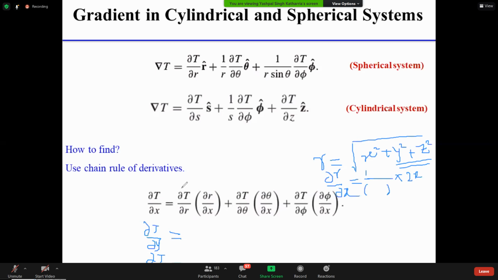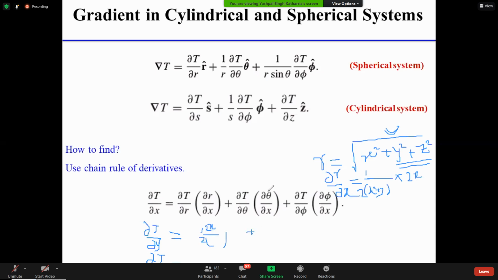So in all of them, you will have this del r over del y here. You will calculate the value from this equation. Similarly, del r over del z, the same from here. So this way you have calculated this first term. You have del r over del x, which is 2x divided by 2 times the square root of x square plus y square plus z square, something like that, into half.